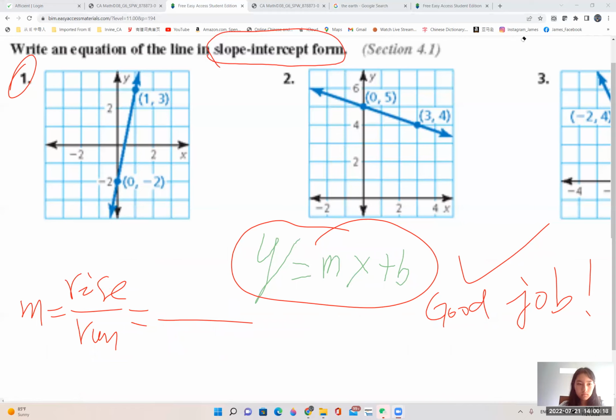Could you write the correct one? What does rise mean? It means change in y, right? Remember, it's just like you climb something. The height change we call rise, correct? This is called run.